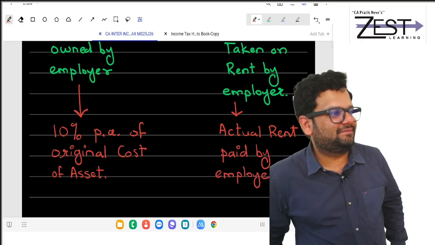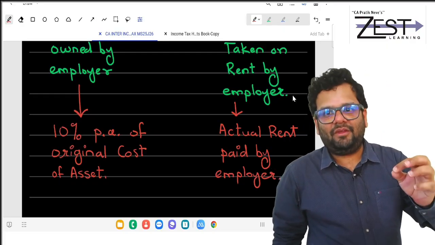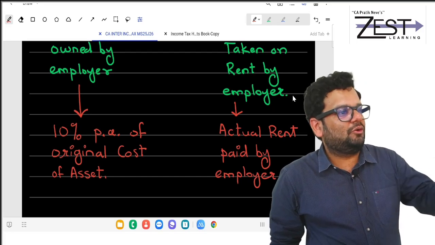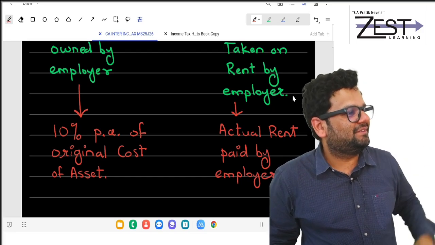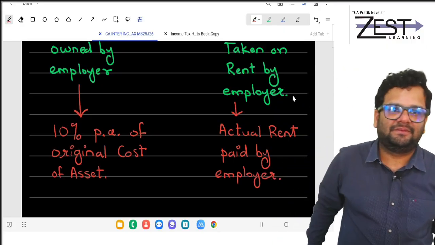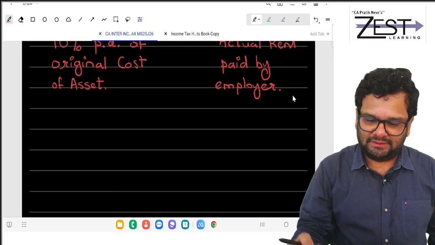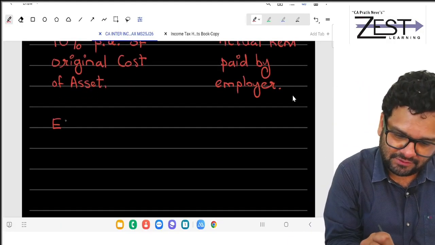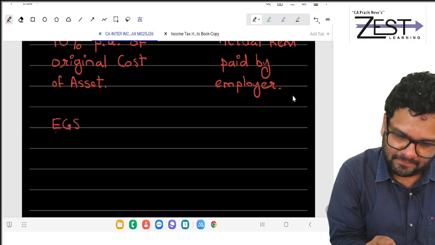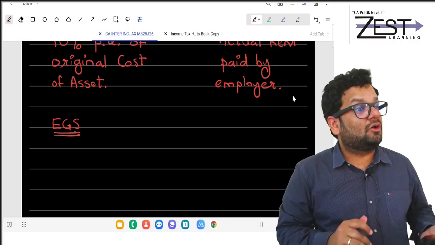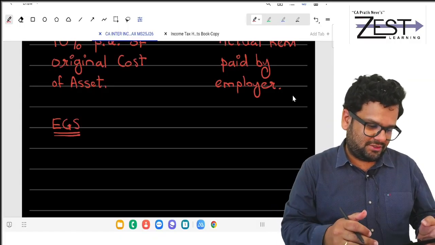Hope you got it. If you got note 1 and note 2, then you can find out whatever is the possibility. Write down examples based on this. Write down examples, many examples, because we have to do so many variations.